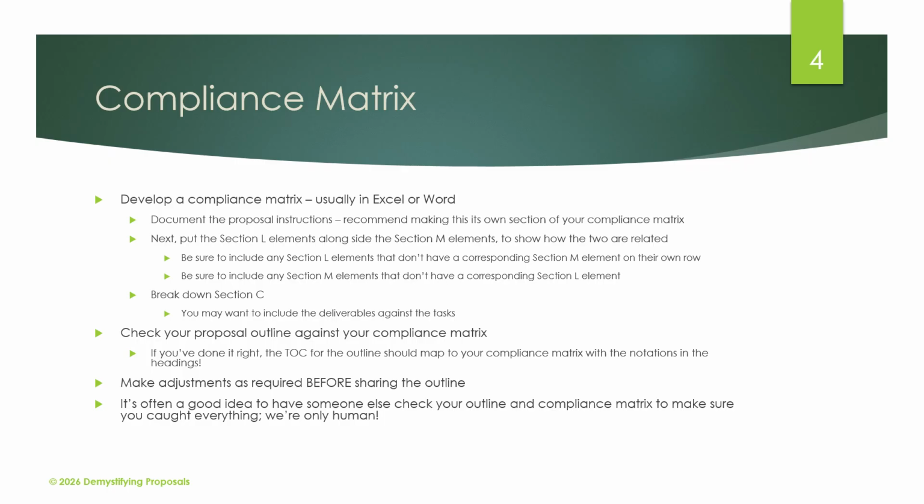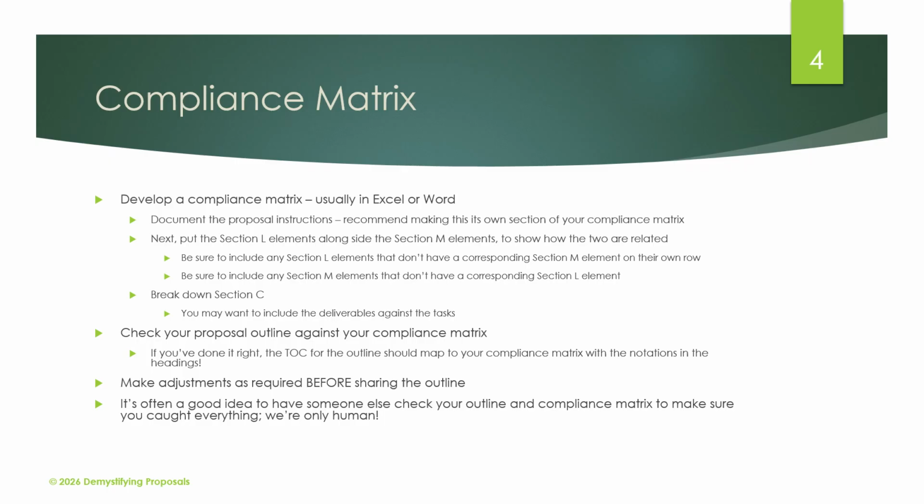Then break down section C. That includes each of the tasks that you're required to achieve, but you also might want to include the deliverables against those tasks. So you may have deliverables that apply to the first task or the second task, and you want to be sure in your proposal to address those deliverables.